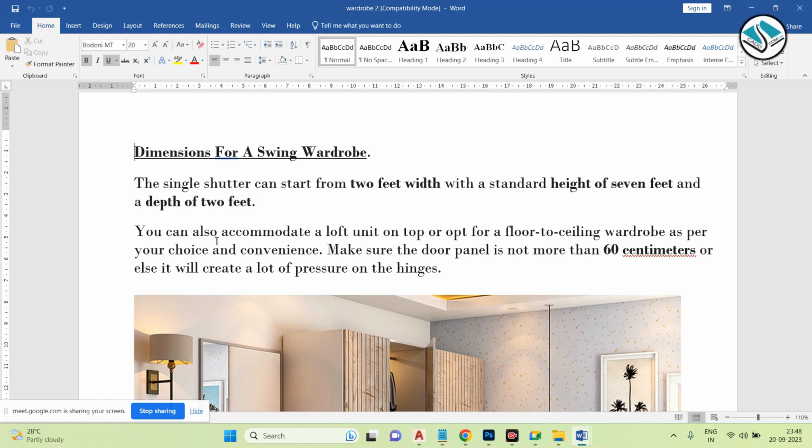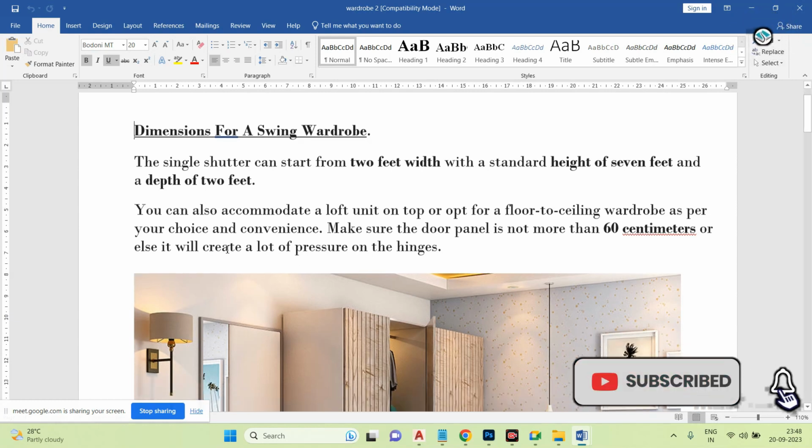I'm just saying that if you are designing a bedroom interior, you must know the different types of wardrobes and the different sizes with the thickness. So today we will discuss the wardrobe points.